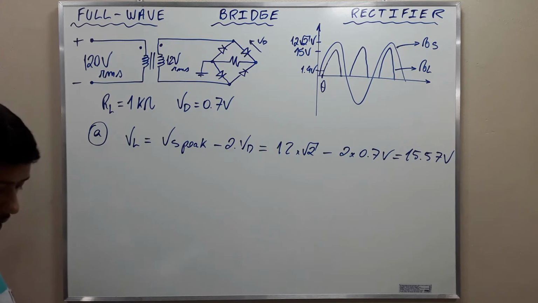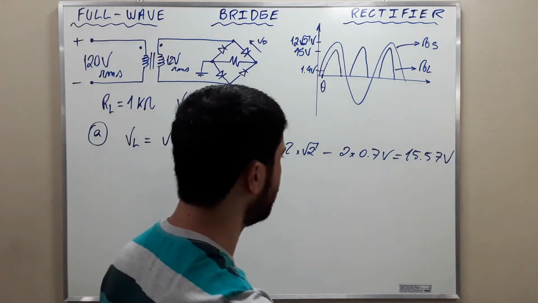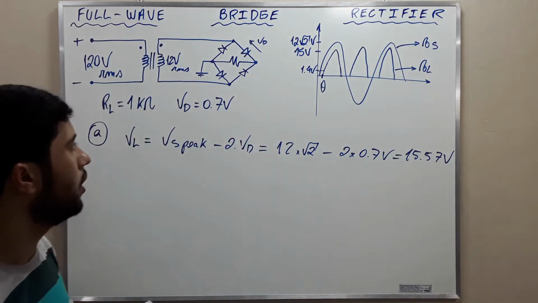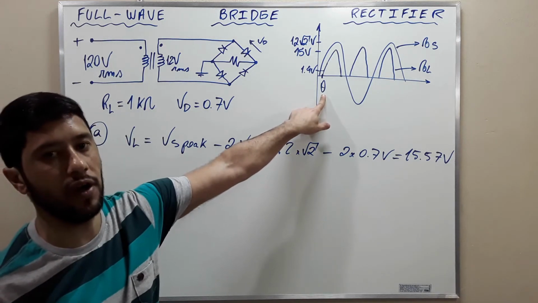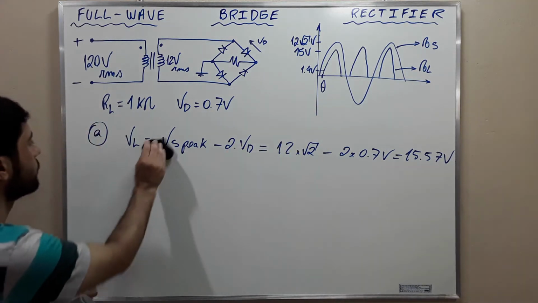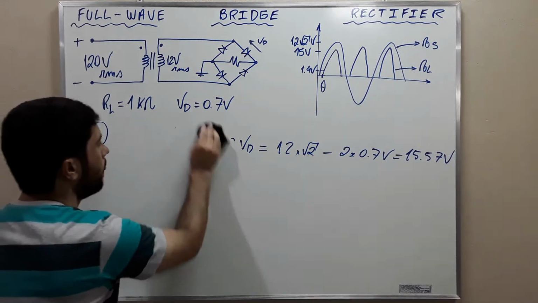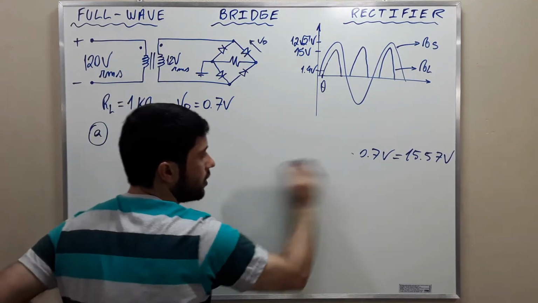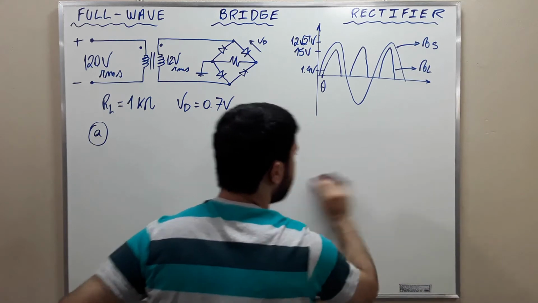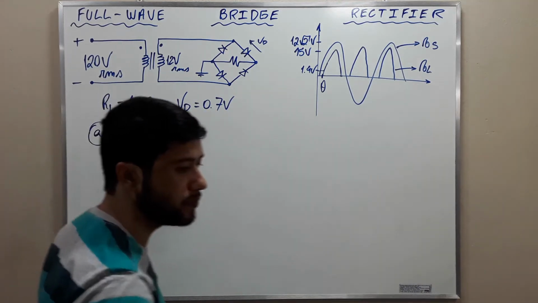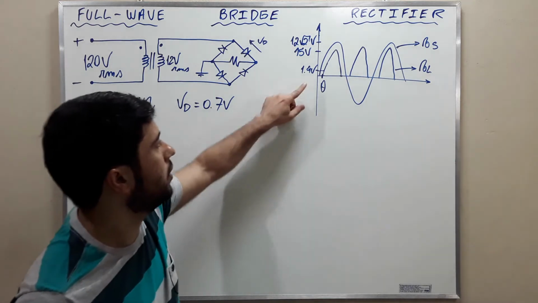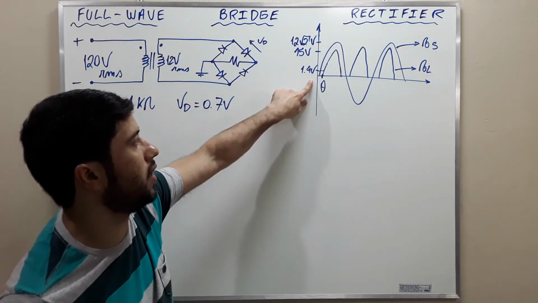Now we go to letter B. Letter B wants us to calculate the fraction of a cycle that the diode conducts. To calculate letter B, we need to first discover this angle here. What does this angle mean? See here in the graph that Vs begins at 0.